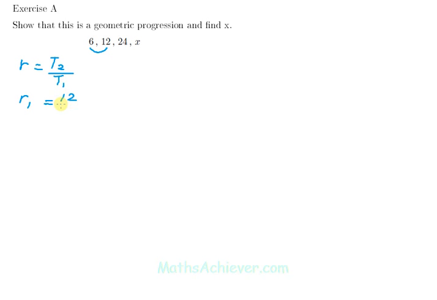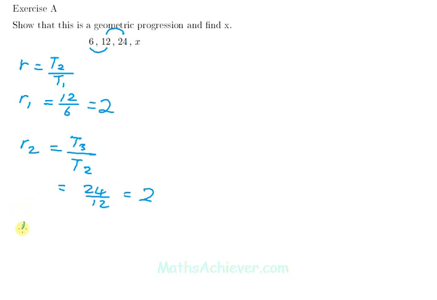So here we have 12 over 6, and that gives us 2. So R1 is 2. R2, now we have term 3 and term 2, so that's T3 over T2, and that equals 24 over 12, which is also 2.